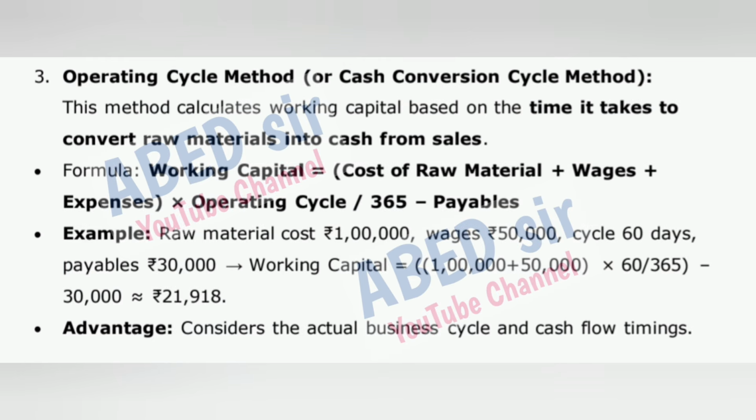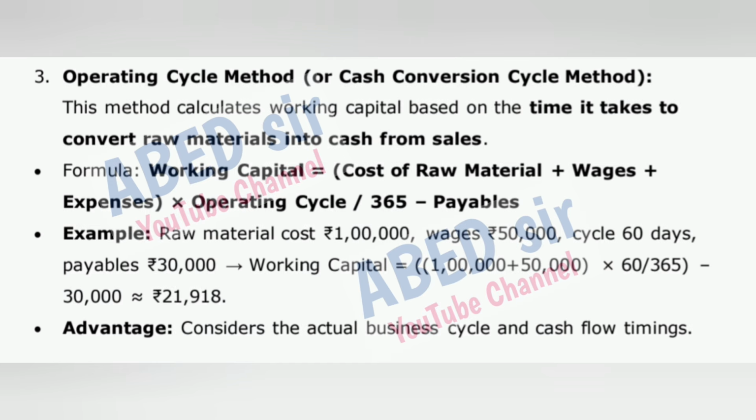3. Operating cycle method, or cash conversion cycle method. This method calculates working capital based on the time it takes to convert raw materials into cash from sales. Formula: working capital is equal to cost of raw material plus wages plus expenses, times operating cycle divided by 365, minus payables.